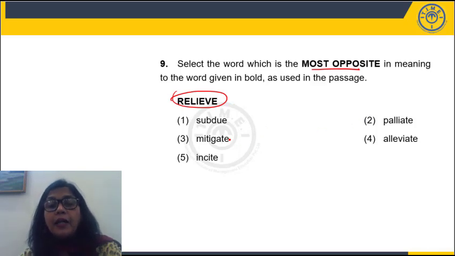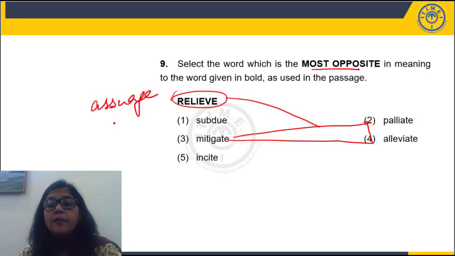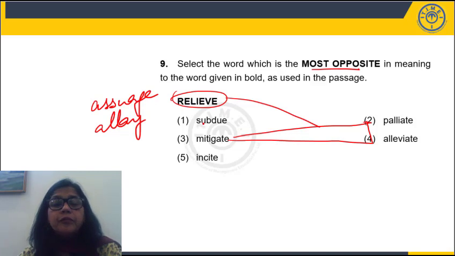So mitigate, palliate, and alleviate, in fact. Yes, these you can consider to be similar to relieve, right? Assuage is another similar word. Allay, they're similar words. Now subdue, when you say subdued lighting, that is different. Dim lighting, right?